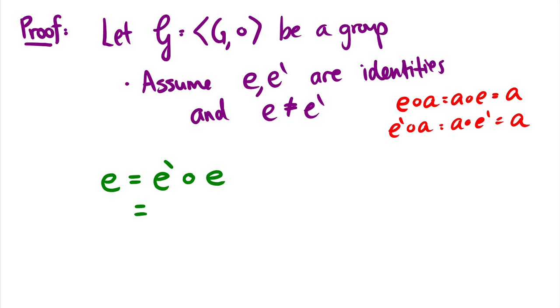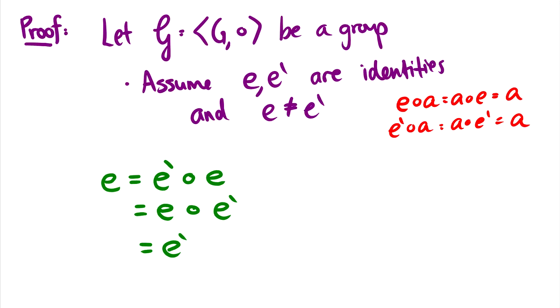Well, identities are commutative. Identities will always be commutative, which means that we can flip around E and E prime. So we can take E dot E prime. Okay, so if we do the same thing as before, and we take this as the identity element, which maps the second one back to itself, we also know that E is an identity element, which means that it can map this E prime back to itself, which means that this is just equal to E prime.